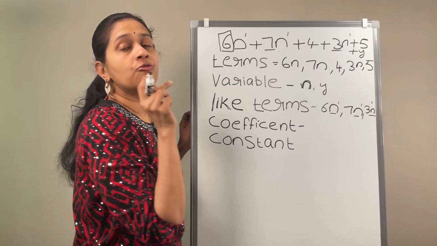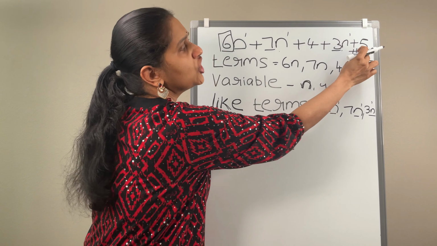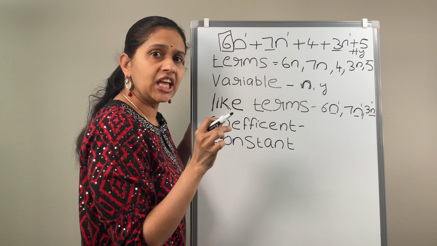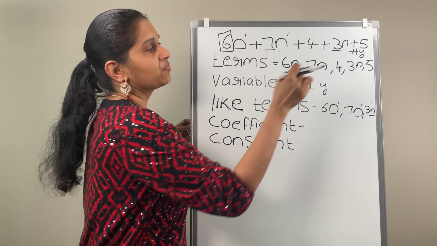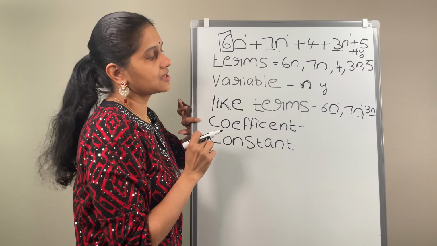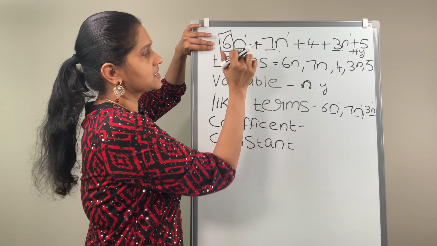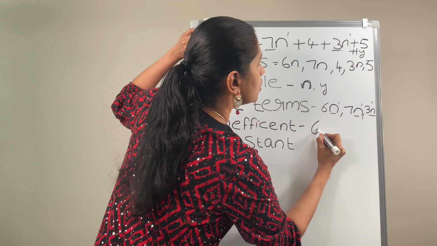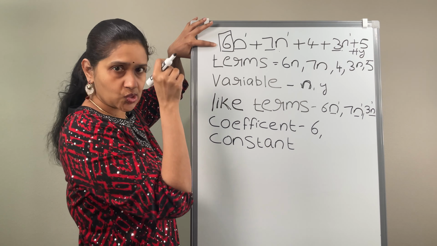Similarly for y, y can be written as 1y, right? So the coefficient of y is equal to 1, which means the numerical factor is equal to 1. The numerical factor is referred to as the coefficient, which means in the case of 6n, the coefficient is the numerical part, the number associated with that variable.